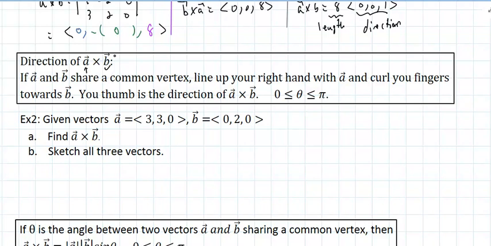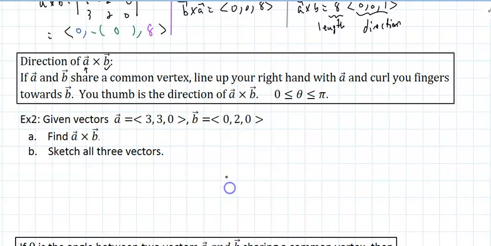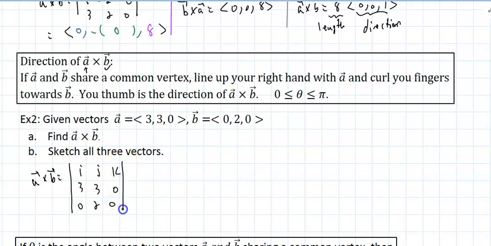So here they're asking for a few things. They're asking for A, find A cross B, and B, sketch all of these 3 vectors. Well, let's do A cross B. Again, it's a good practice. That is I, J, and K, 3, 3, 0, 0, 2, 0.